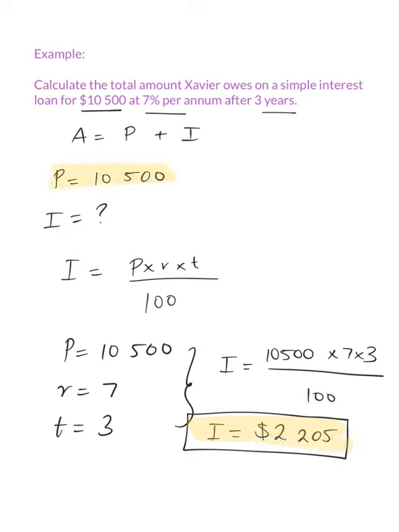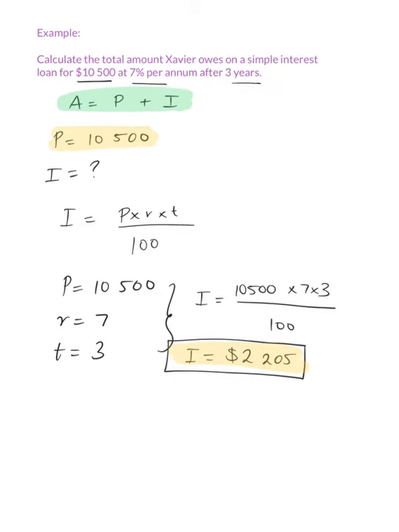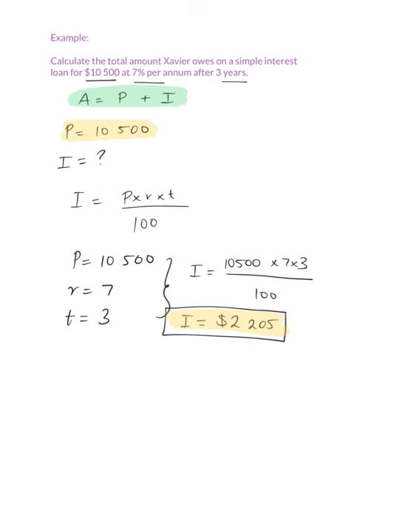We know what the principal is, so we could sub these into this initial rule of A equals P plus I. We're finding the total amount, so that's the principal, the initial amount, plus the interest.